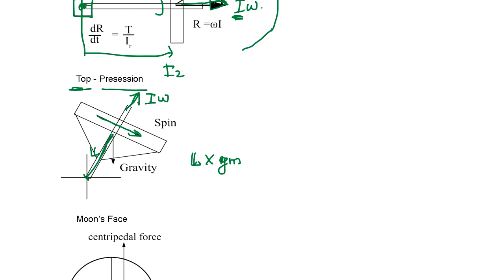So it's going to add I omega to the vector this way.